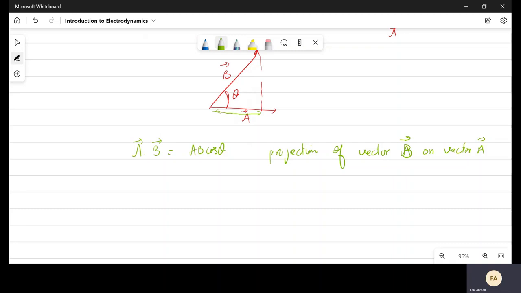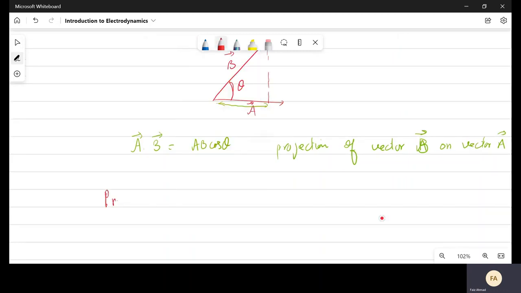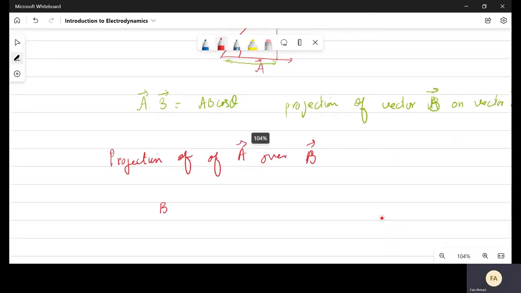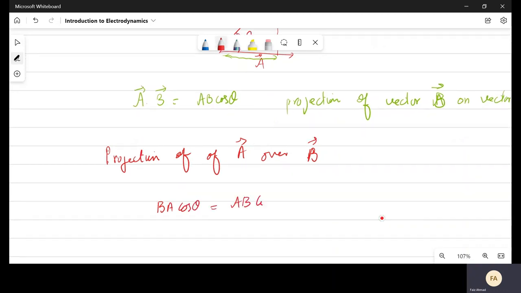So the projection of A over B will be A cosine theta, and in fact these are scalar multiplication.